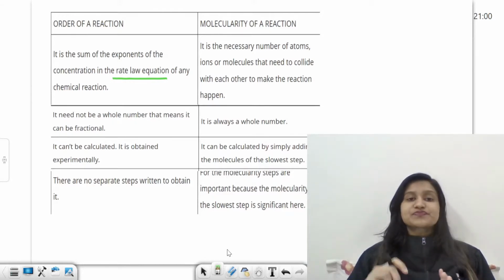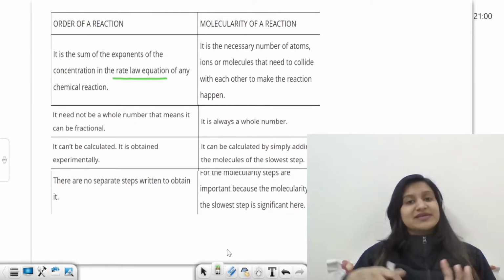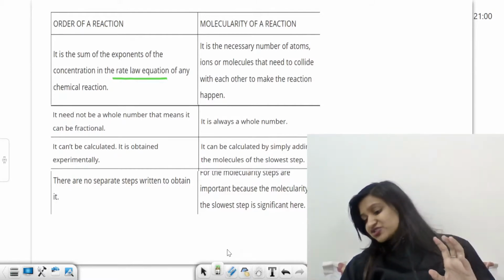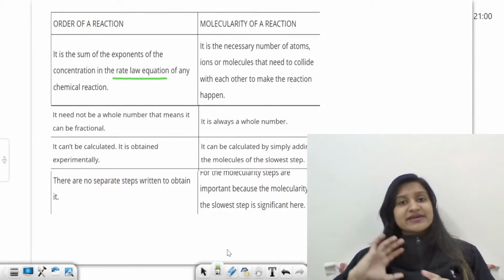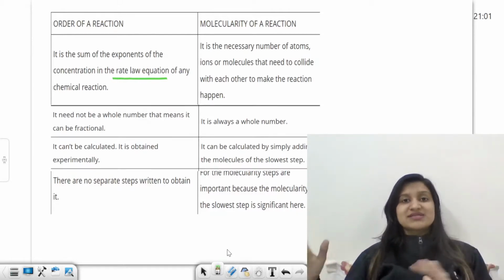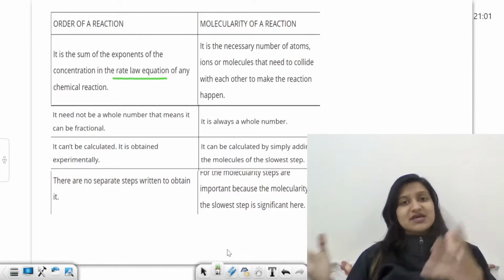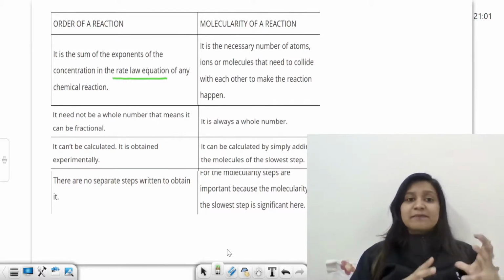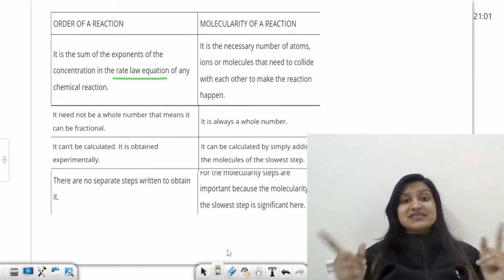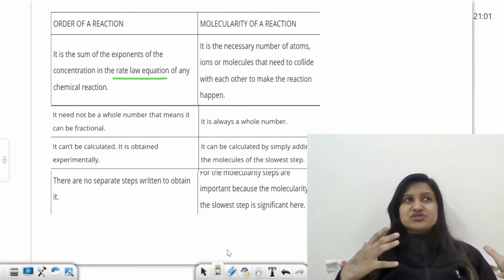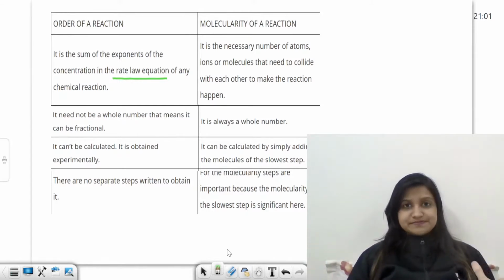Now comes the molecularity of the reaction. We know that a reaction takes place when ions or molecules collide with each other, and consequently the product is formed. So molecularity is the number of atoms, ions, or molecules that need to collide with each other in order for the reaction to happen.